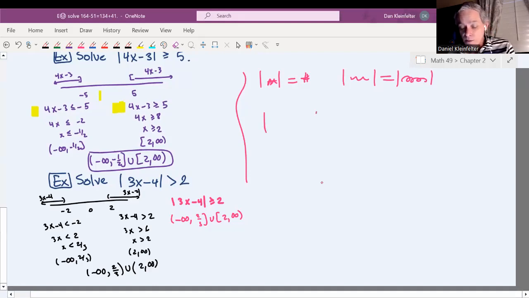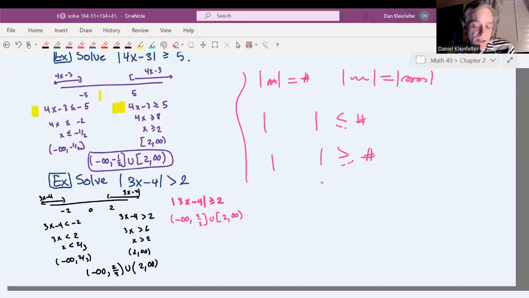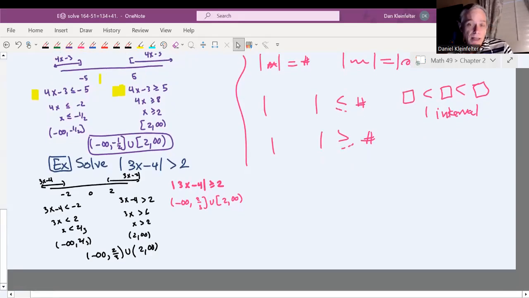For inequalities, we saw that it will be either absolute value less or less than or equal to a number, or absolute value greater or greater than or equal to a number. In the first type of inequality, we're going to end up with a 3-part inequality and 1 interval for our answer, because we're trying to say, okay, we have to stay within a certain distance of 0, and so that's going to give us 1 single interval.